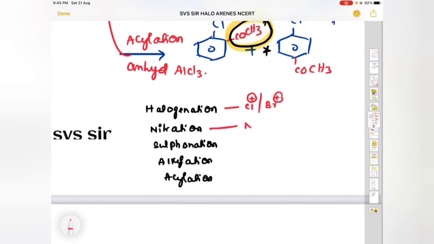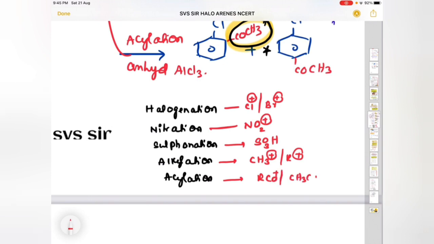In nitration, NO2 plus is acting as the electrophile. Sulfonation, neutral, that is SO3H. Alkylation, generally the alkyl group will act as the electrophile, whereas acylation, RCO plus or CH3CO plus acts as the electrophile. At ortho position and para position, depending upon the reaction, we have to substitute this. Easy reactions.